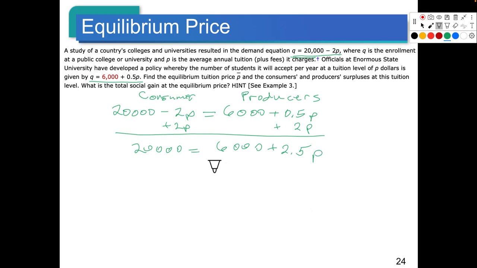And then we subtract 6,000 from both sides: $14,000 equals 2.5P. And if we divide both sides by 2.5, that will be the price that gives us both.